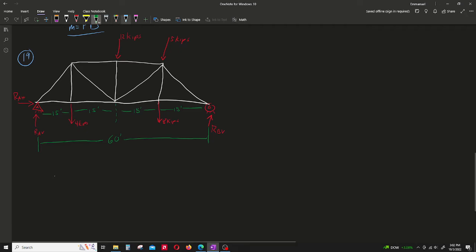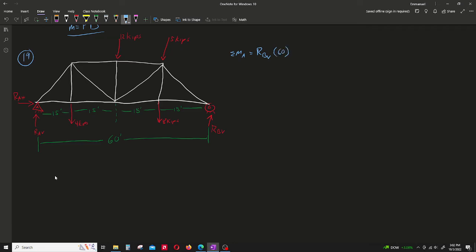All right, so now we can jump into actually solving the problem. Again, fairly straightforward, especially since we know how to work our moments. Sum of the moments at location A is equal to RB. In this case, it's technically RBV, but it's really the only RB anyway.